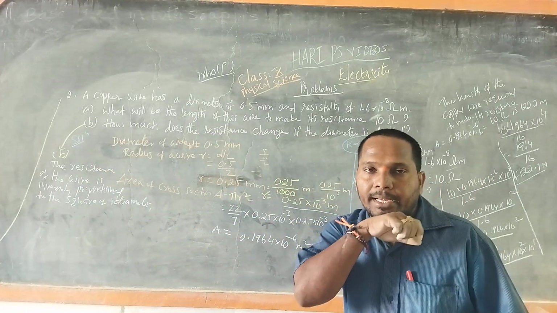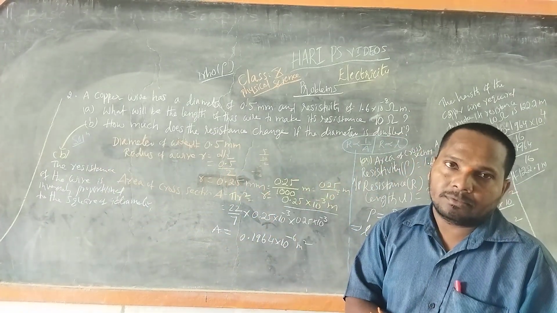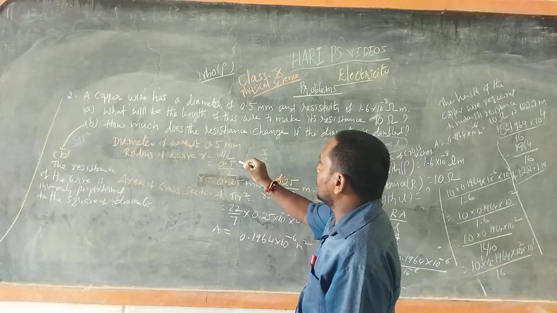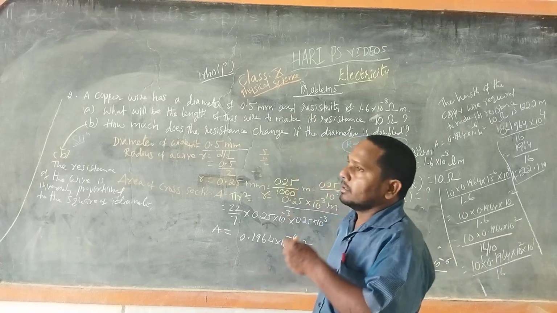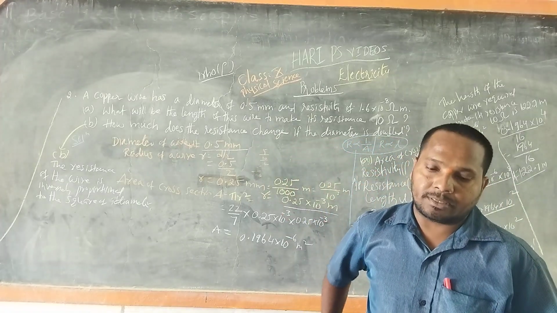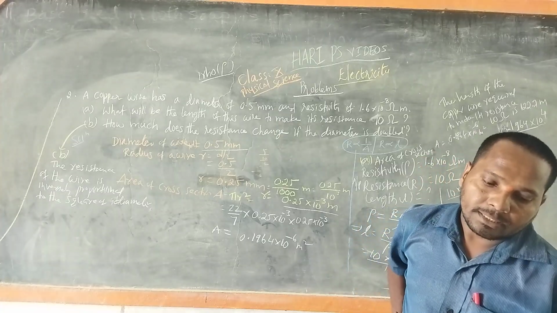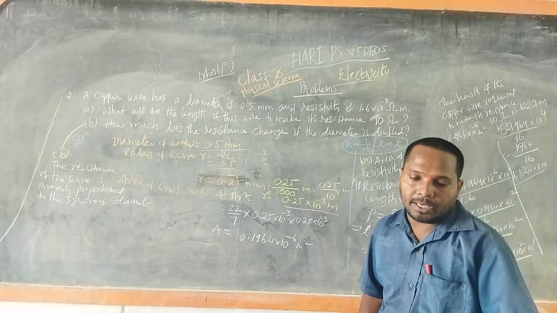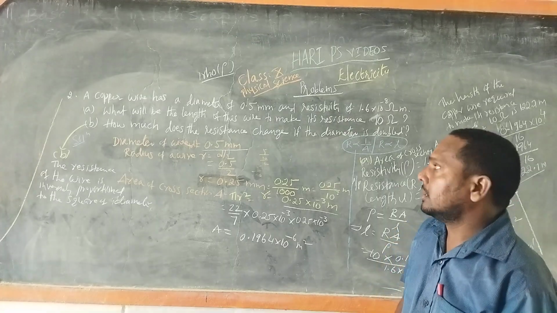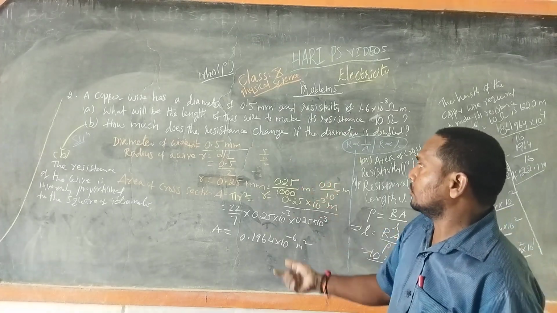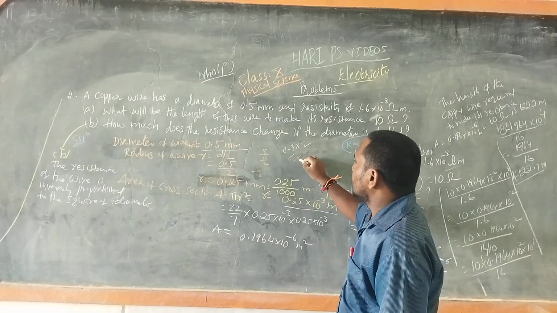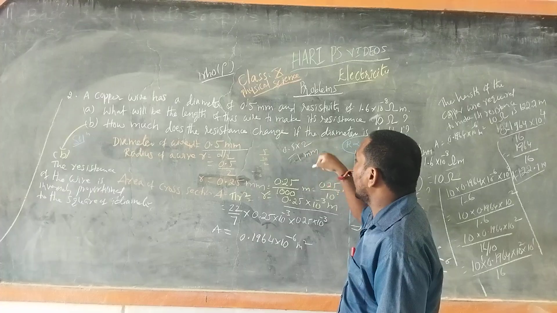So if the diameter of the wire is doubled, what is the diameter? 0.5 is made into two times. Then the resistance will be 1/4. So 1 mm doubled is 0.5 into 2, that is equal to 1 mm.